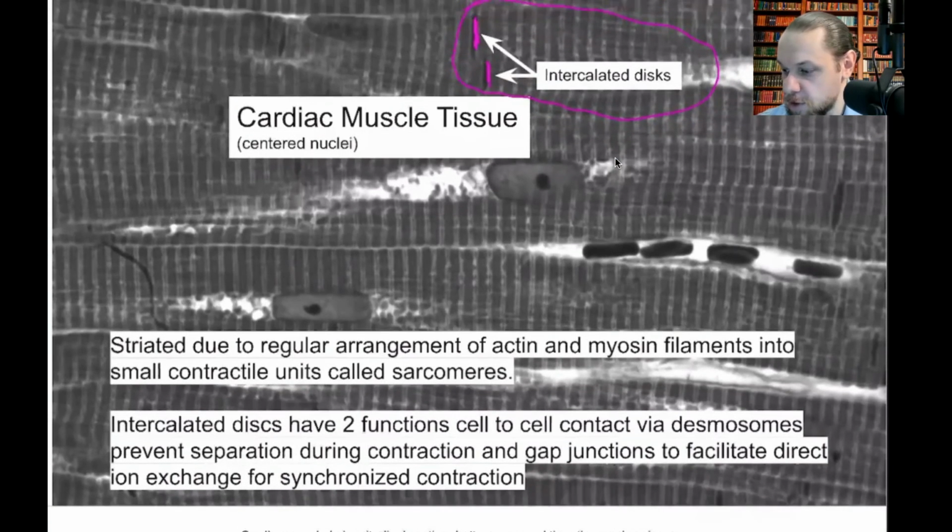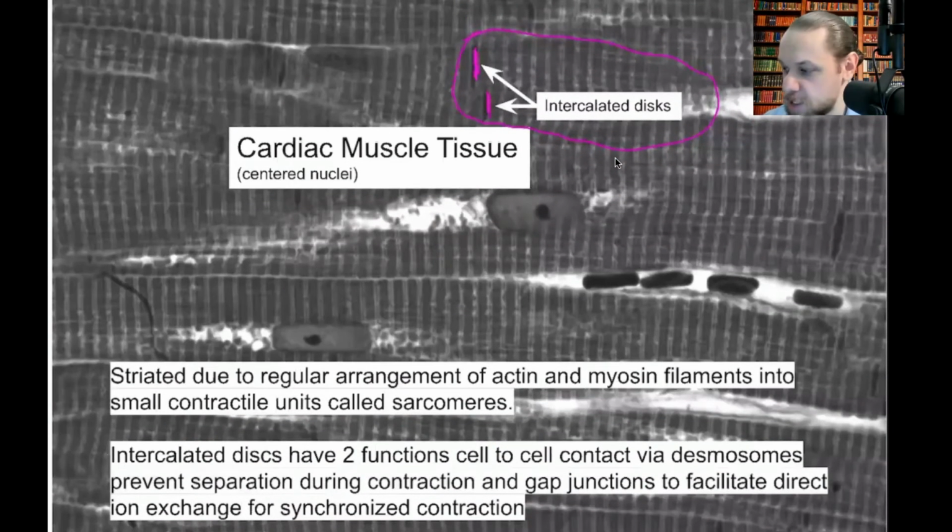First of all, they have desmosomes. Desmosomes anchor the tissues and these cells, the myocytes, together. In addition, these intercalated discs have gap junctions, which facilitate ion exchange.